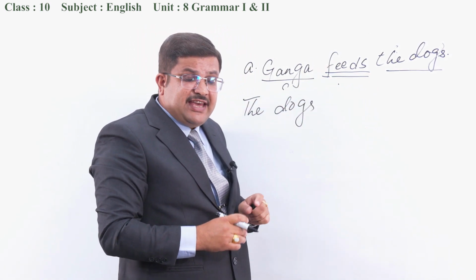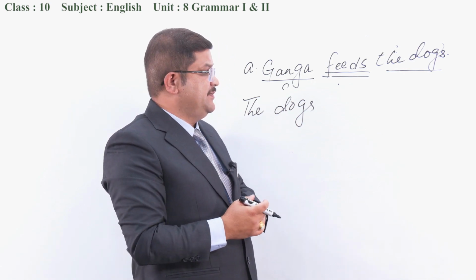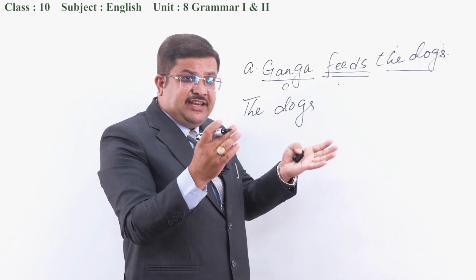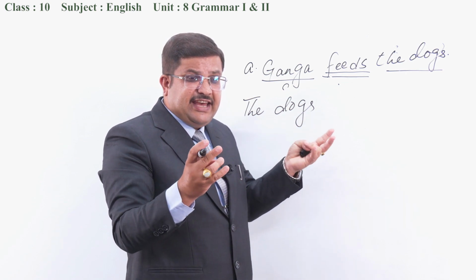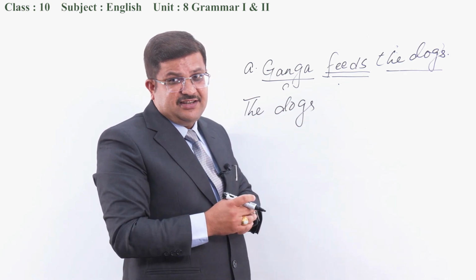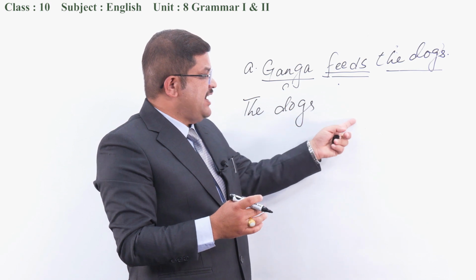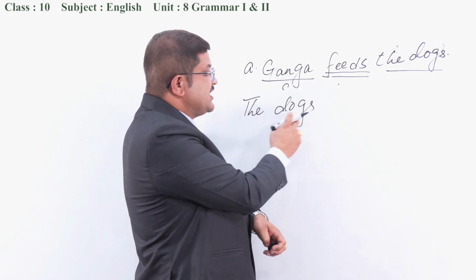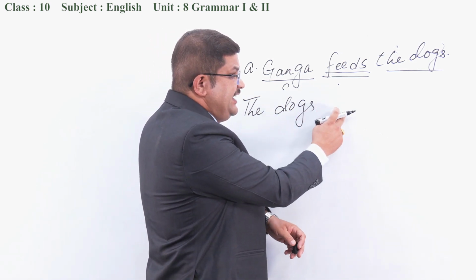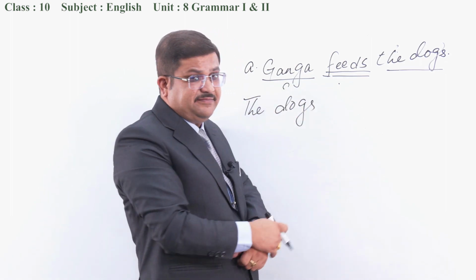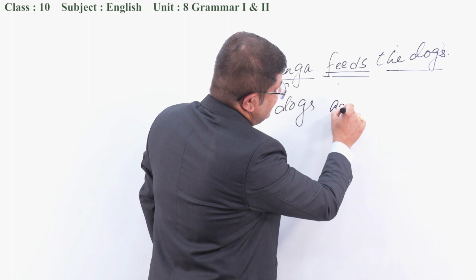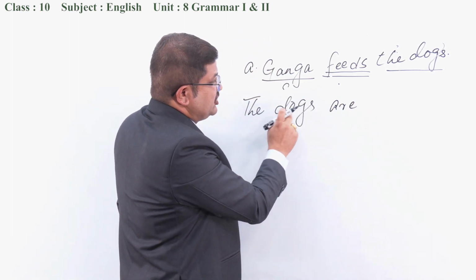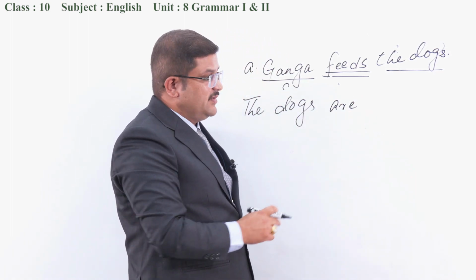It is with S or ES form of the verb. So when there is S or ES form of the verb, we must use what? Is, am, are. Now guess, what is appropriate here? The dogs are, the dogs is, the dogs am. Yes, you're right. The dogs are. Why? The dogs is plural. That's why are.